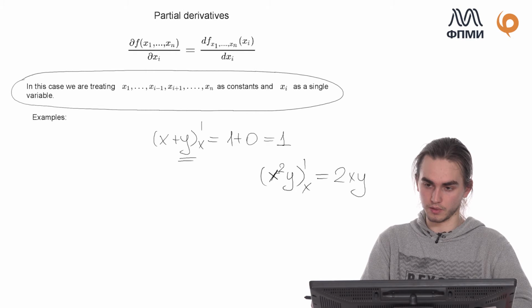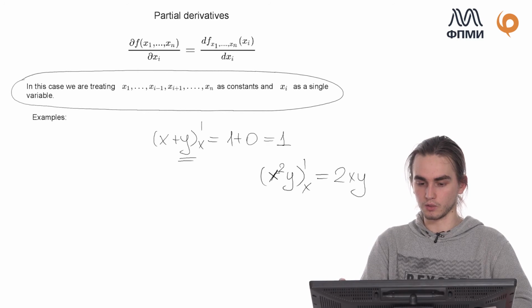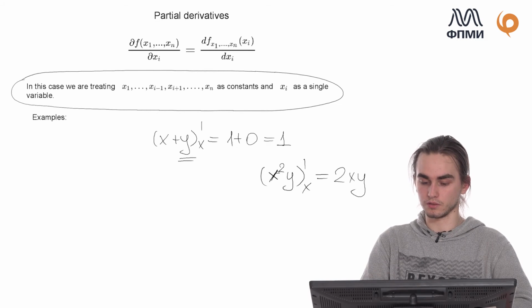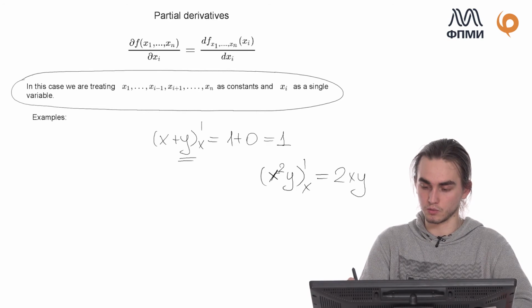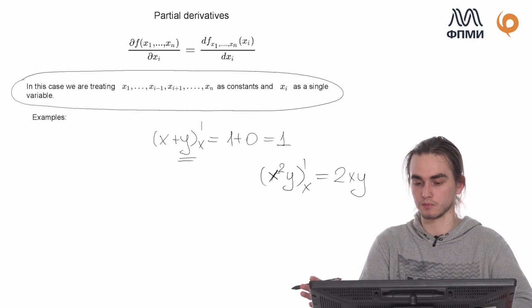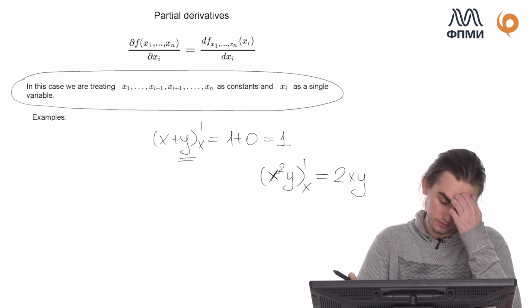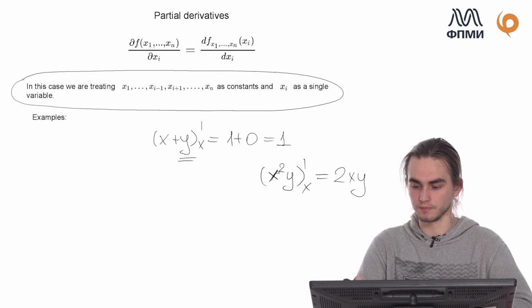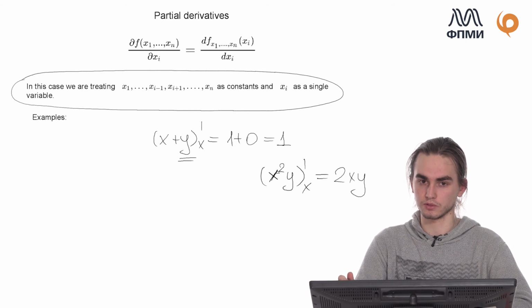There are some more complicated cases, but to understand how it works, you just need to know that you're using partial derivatives as usual derivatives, but you keep in mind that the y's and z's, which you're treating as constants, are actually variables. And do not forget that they can be zeros, they can be negative, they can be some crappy thing that you do not expect from a constant.